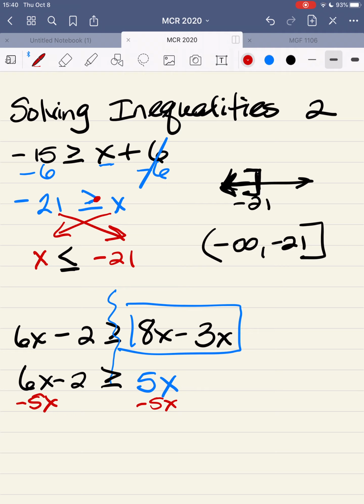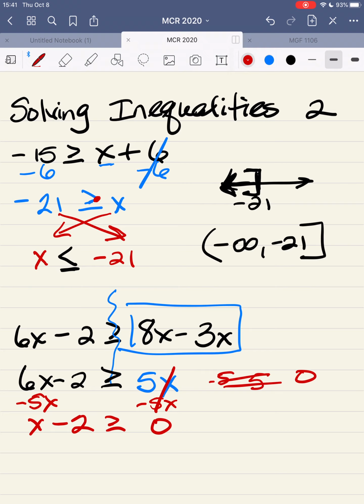Remember, the opposite, if I have 5 and negative 5, they're opposites to each other and they go to 0. So when these cancel out, I'm left with a 0 on this side. My inequality stays. 6x minus 5x is just x, and the minus 2 is still there. So yes, you can go ahead, move something, and end up having a 0 in its place.